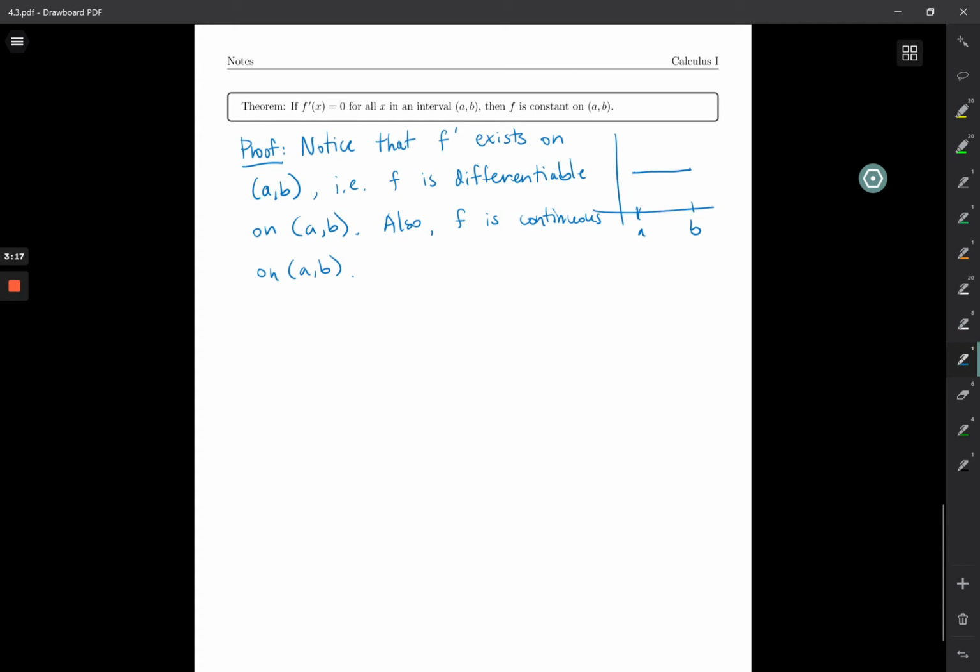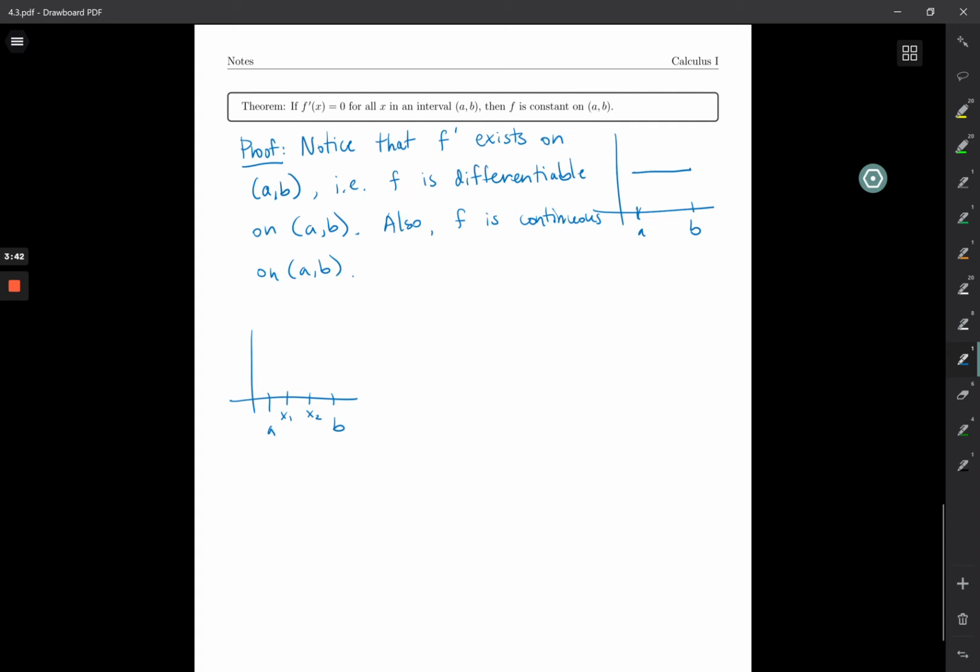What we can do instead is pick two points that lie inside of the interval, and then we will have continuity on that closed interval because we know that we have continuity on a larger interval containing it.